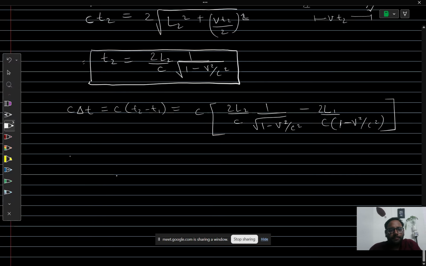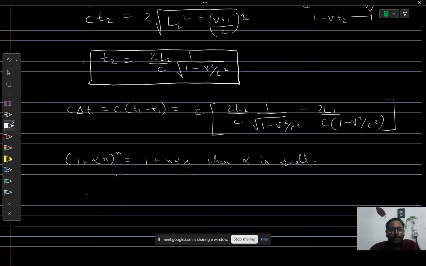Now we apply some binomial expansion, that is (1 plus x) to the n is equal to 1 plus n x when x is very small. But what is it here?